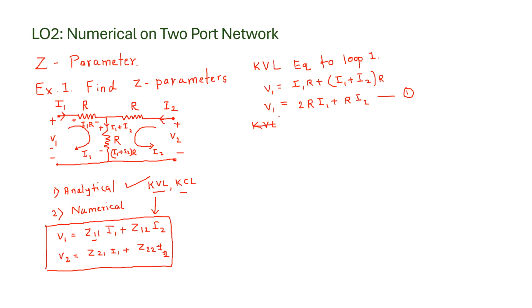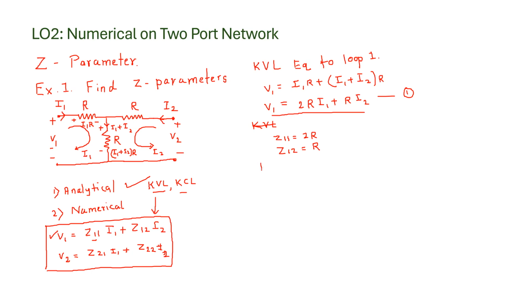Now if you compare this equation with our standard equation that we have written for Z parameters, we can see that Z11 is equal to 2R, and Z12 is equal to R.